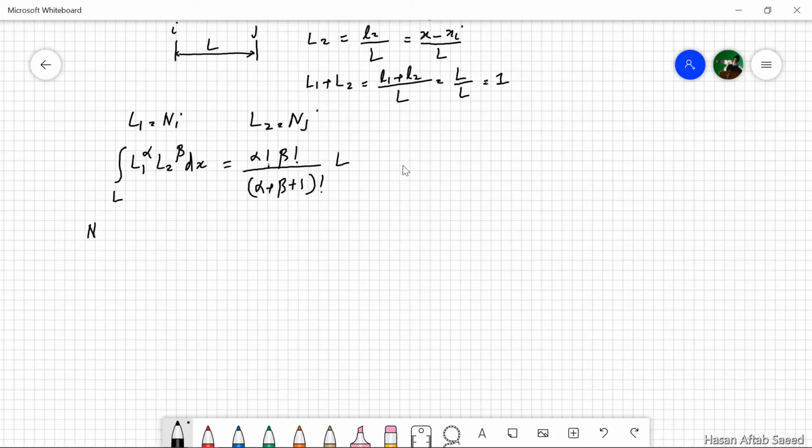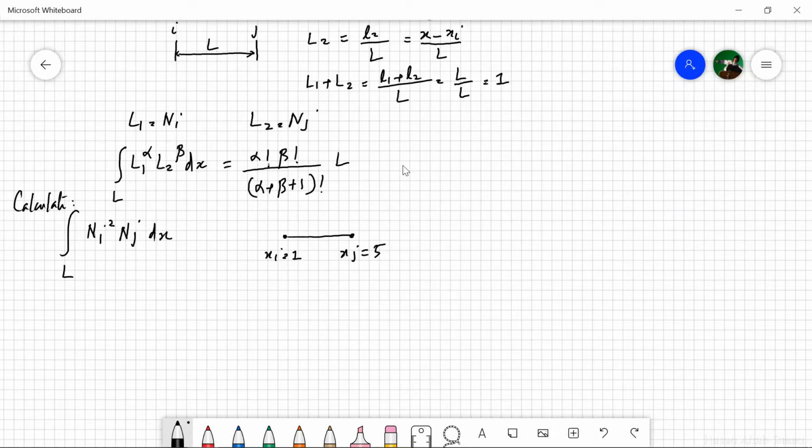Suppose we are to integrate this expression, Ni square Nj over length L. The boundary system here is xi is 1 and xj is equal to 5; these are the locations of the two nodes. Now, first let's do it in the usual way.